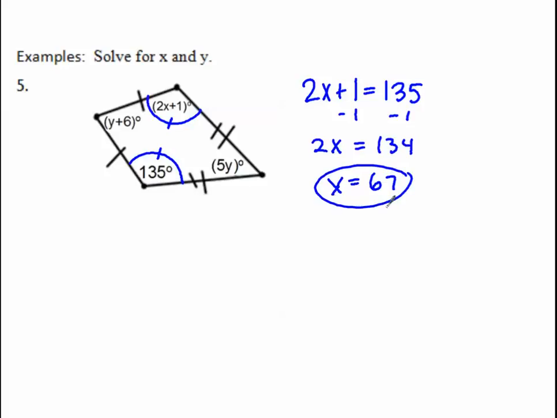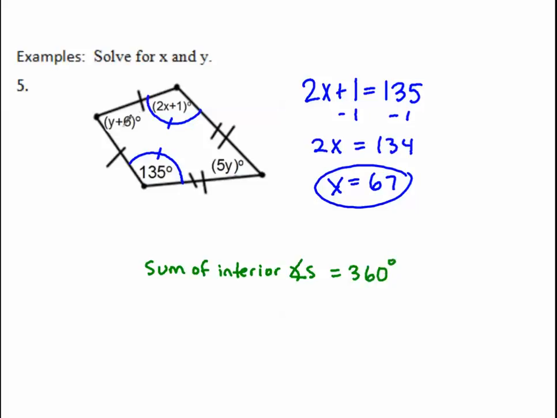Yay! Now the y is also in an angle, but these opposite angles are not congruent. So then I have to think of something else I know about quadrilaterals in general. How about the interior angles? The sum of the interior angles in a quadrilateral, any quadrilateral, is 360 degrees.